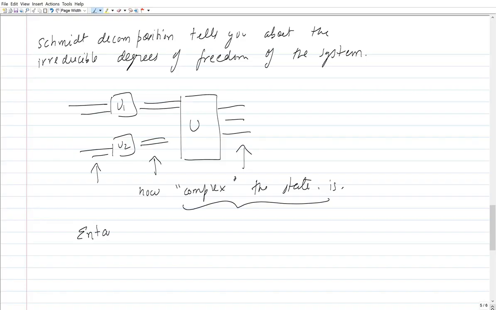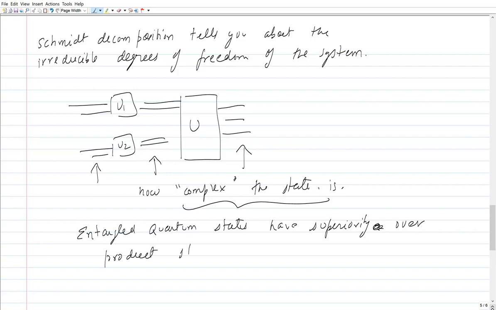So entangled quantum states have superior advantages, or well, it's the same word, superiority over product states in quantum information processing, quantum computation, quantum metrology, so on and so forth.